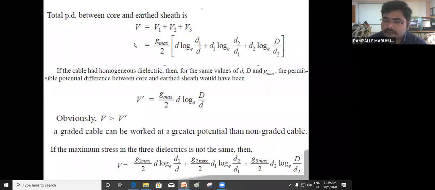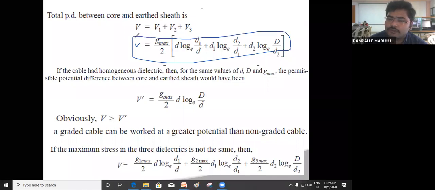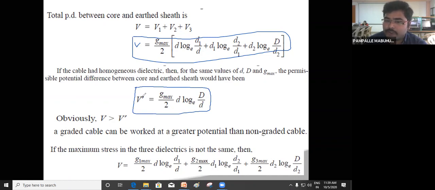So when you use the capacitance grading method, this is the operating voltage. Now if you don't use the capacitance grading method, then the voltage will be expressed with this expression. Let us call V dash the operating voltage or potential difference between core and earth.